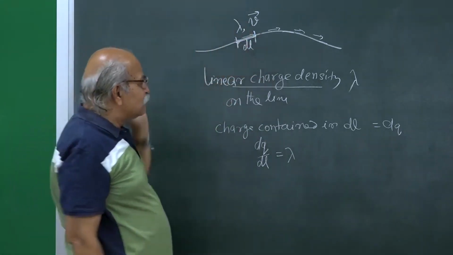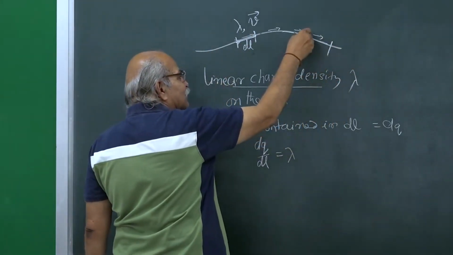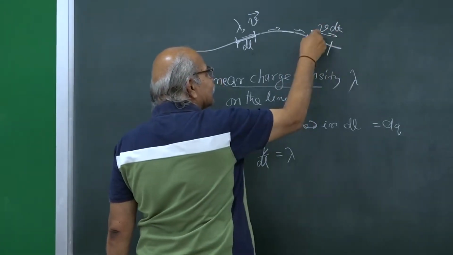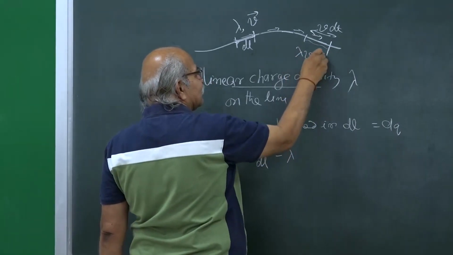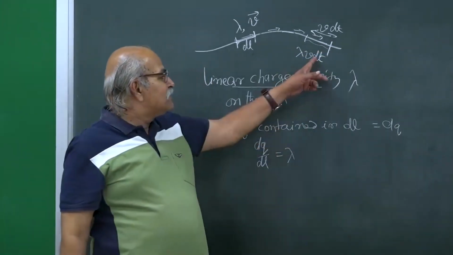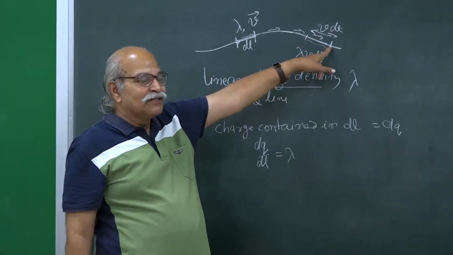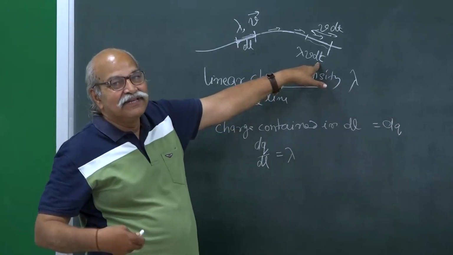So, once again the same story, if you consider this point and then you take a length v times dt, how much is charge here, that is lambda into v into dt, and in time dt this whole charge will cross this point, because in time dt everything travels v dt.